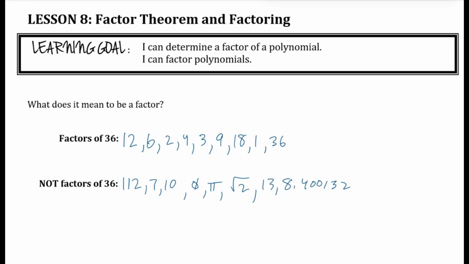So now that we have that list, how would you, in your own words, explain what makes something a factor of a number and something not a factor of a number? How would you describe that? It doesn't have to be a technical definition.